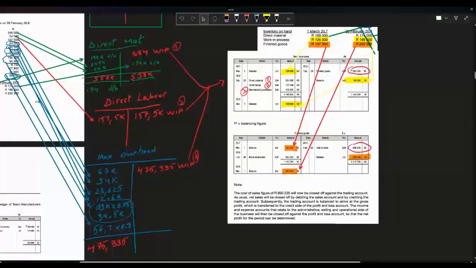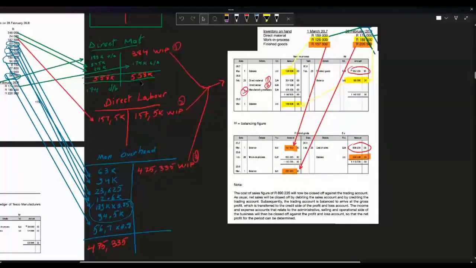On one side we would have the finished good that came, the 953,000, which is what is coming from the work in process. That's the amount that we are looking at, right? As you can see here, it came from the work in process account, finished goods side. This is the one we're going to put it into.